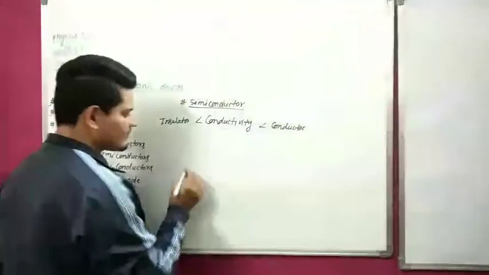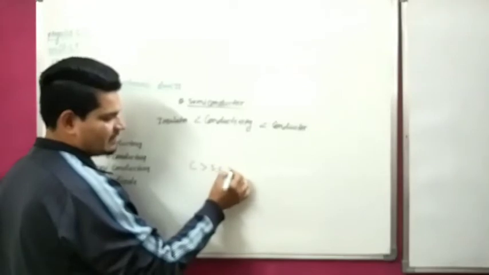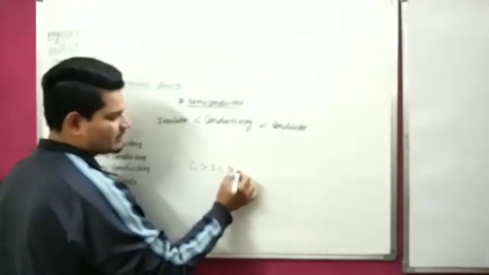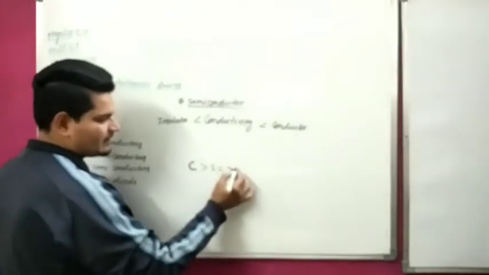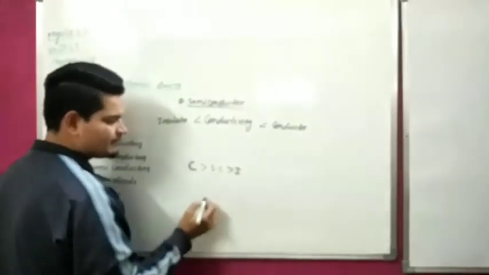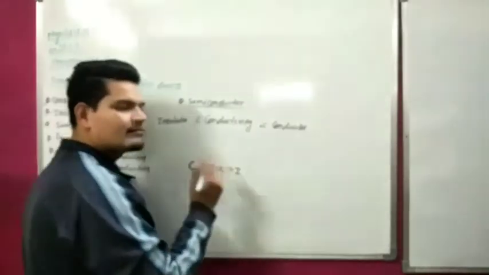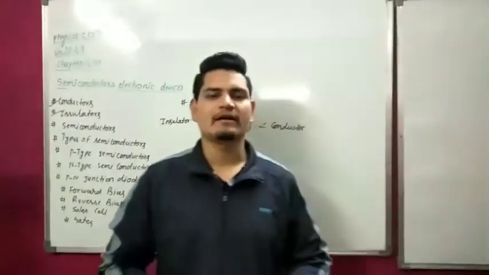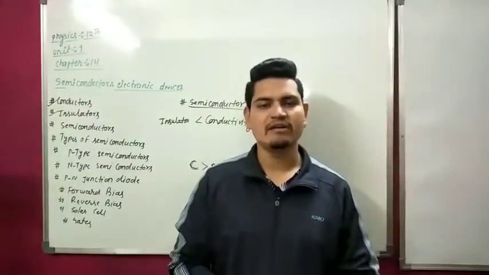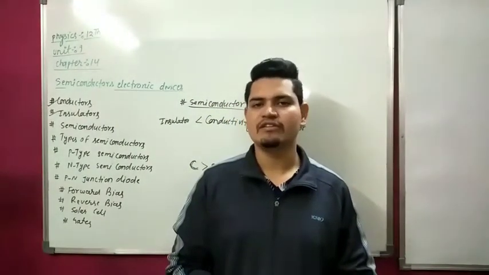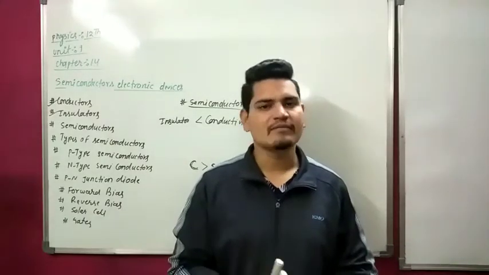So conductor has more conductivity, insulator has less conductivity, and semiconductor's conductivity is between conductor and insulator. It is more than insulator but less than conductor.